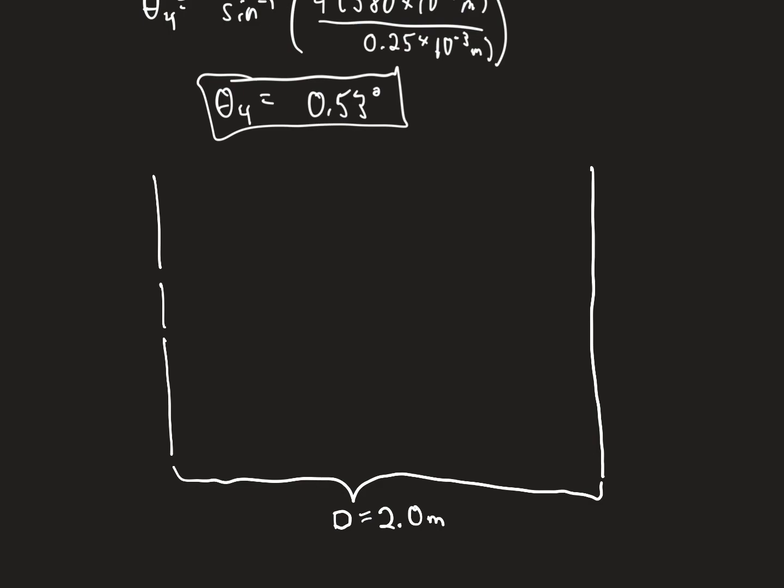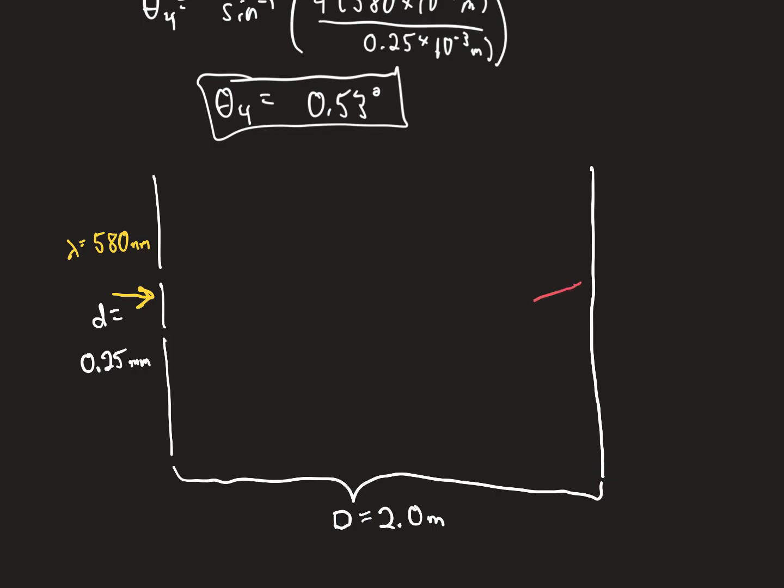You still have the separation of the slits, that lowercase d, is 0.25 millimeters. You're still using yellow light coming in here. So lambda is still, I think it was 580 nanometers. And you're still going to form this interference pattern on the back of the screen.